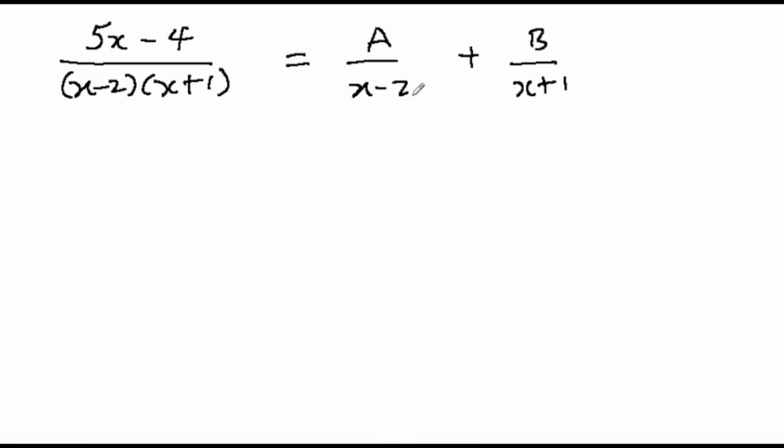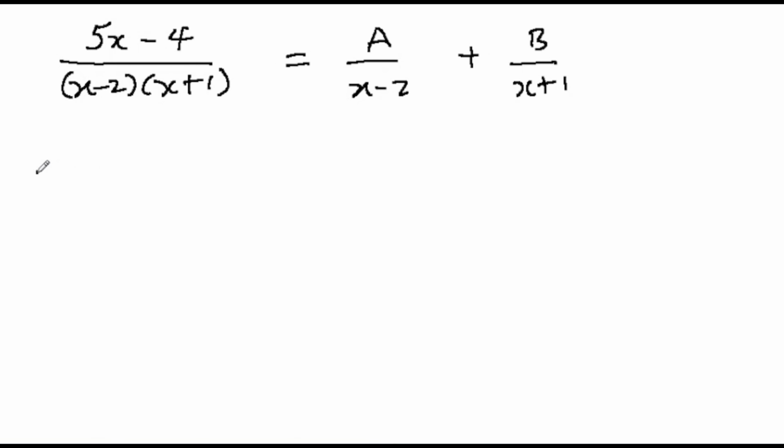So the next step is to eradicate the fractions, and how we are going to do that, we're going to multiply through by the denominator, that's x minus 2, x plus 1. We're going to multiply the three fractions by x minus 2, x plus 1.